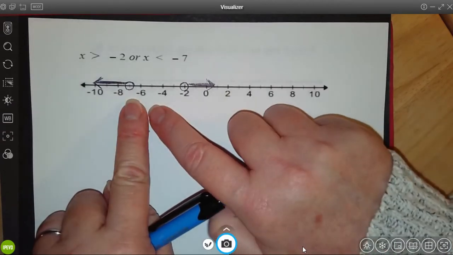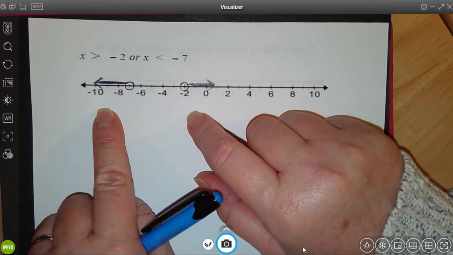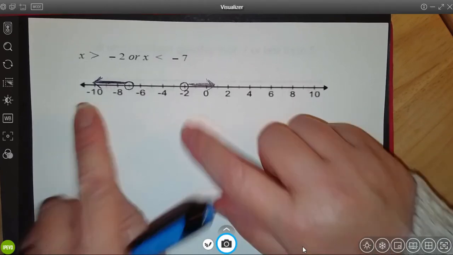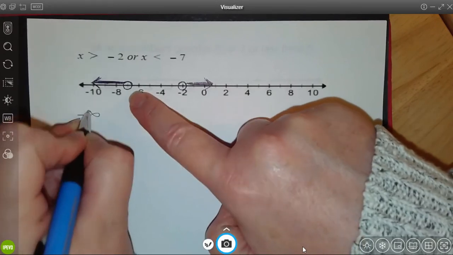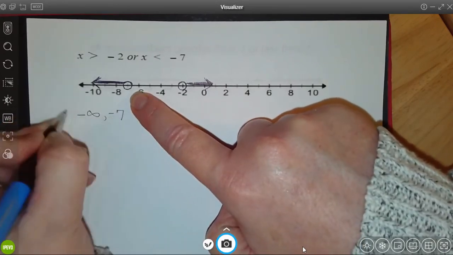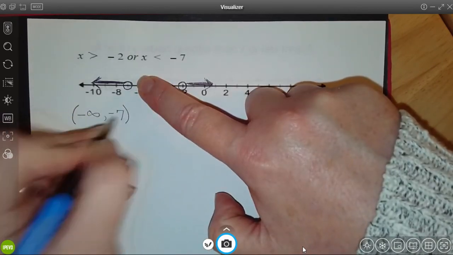So if I make this into an interval, I'm going to have two parts, just like we put on our table, our chart at the beginning of our notes. This is pointing to negative infinity, and it's coming up to -7. Infinity always gets regular parentheses, and open circles get regular parentheses.